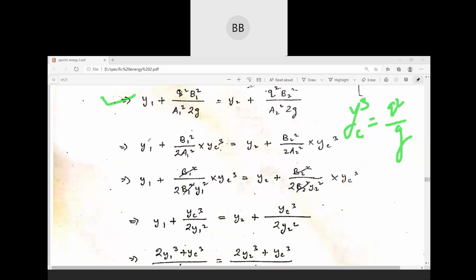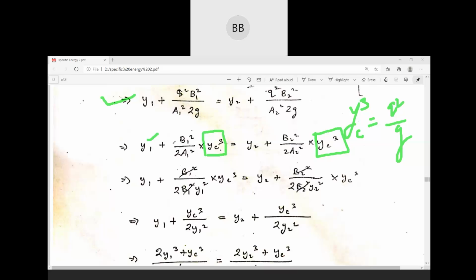So y1 plus b square divided by twice A1 square, and that q square divided by g, you can directly write as yc cube here also. Other terms will remain the same. Only that q square divided by g, in place of it we are going to write yc cube.